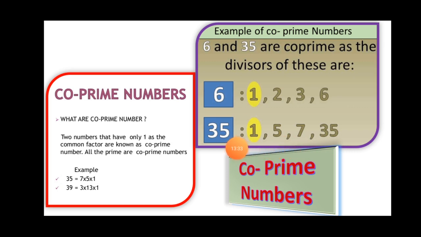So the factors of 35 are 1, 5, 7 and 35. After getting the factors of these two numbers, the common factor is 1. So children, here 6 and 35 are co-prime numbers, as the divisors are listed on the screen and the only common factor we have got is 1.